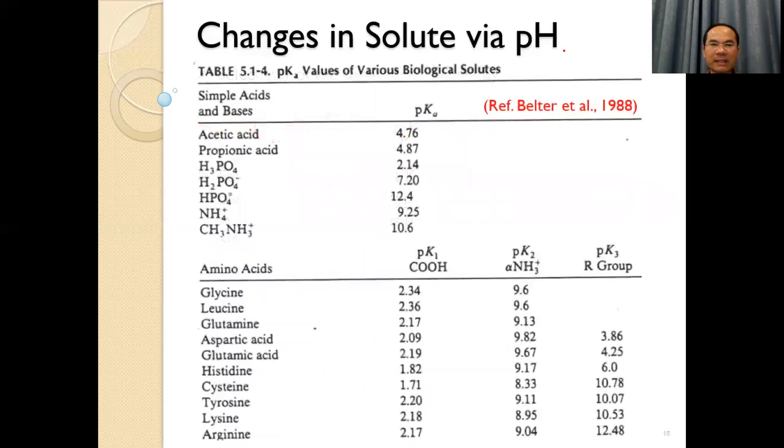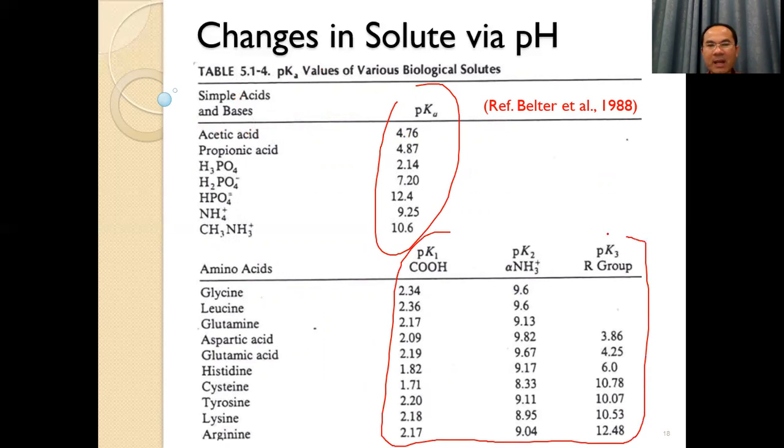And this shows you examples of pKa. Like for acetic acid and formic acid, there is only one. But for amino acid, there is more than one, because in the amino acid there are more than one group: an acid group, an amino group, and also a side group.